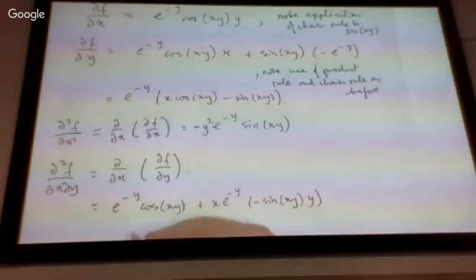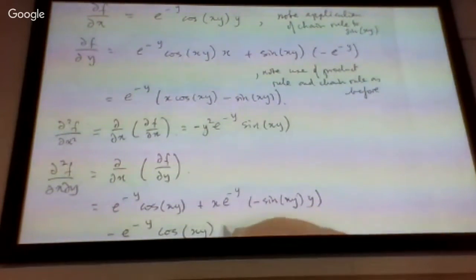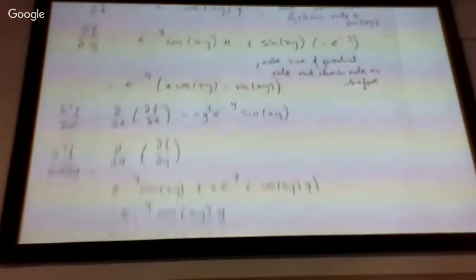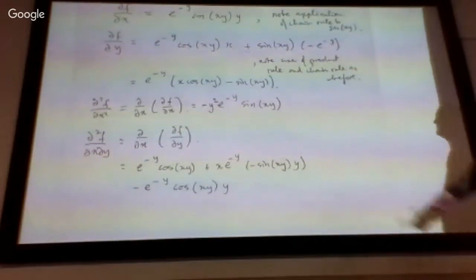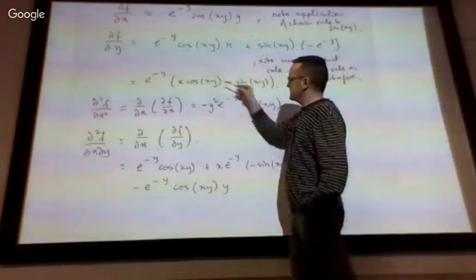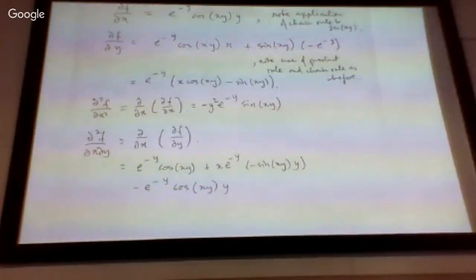So it's going to be minus e to the minus y cosine xy and another factor of y. Sorry, I started working off that middle expression. It probably would have been tidier to work off that one there. No harm.